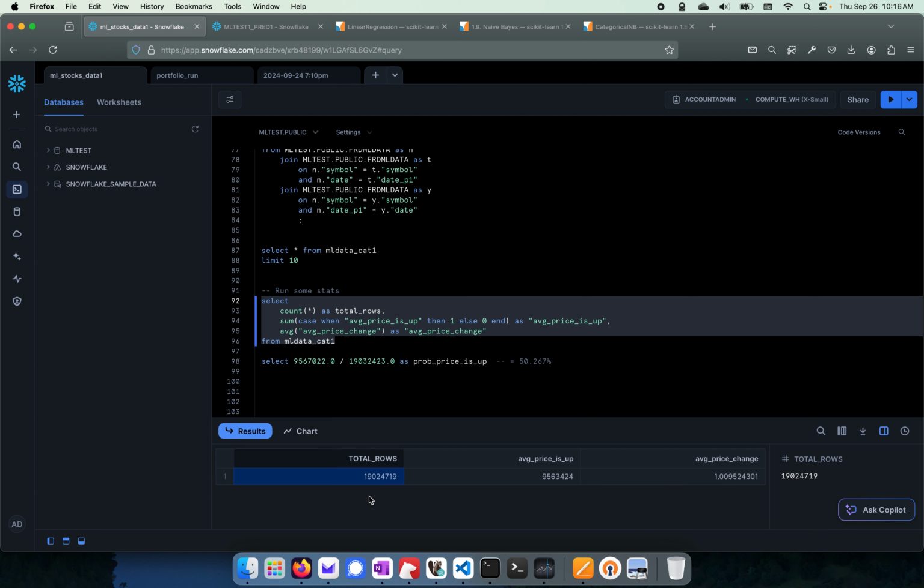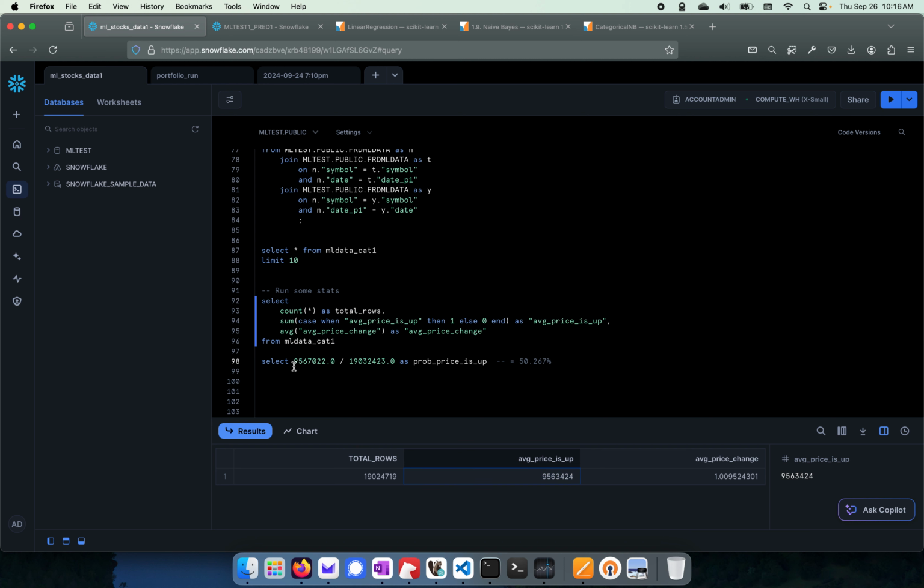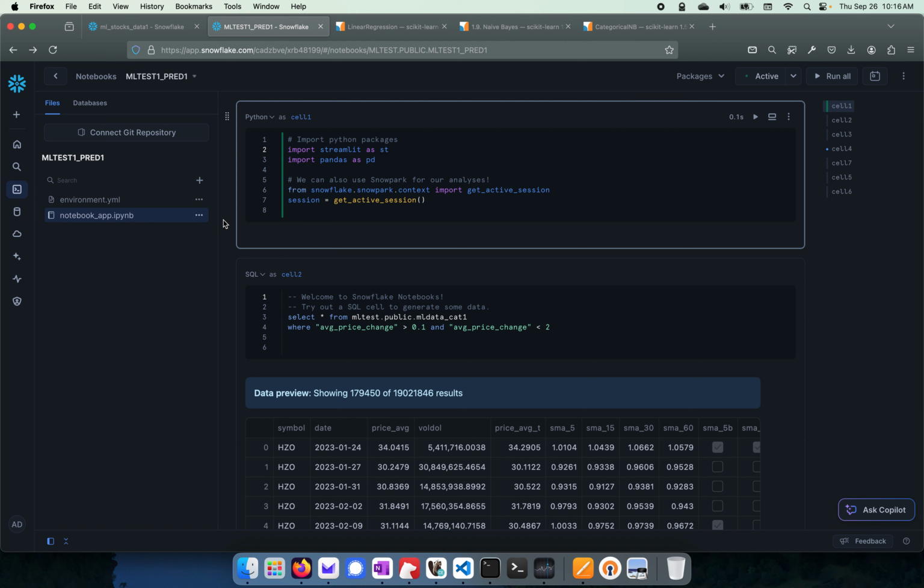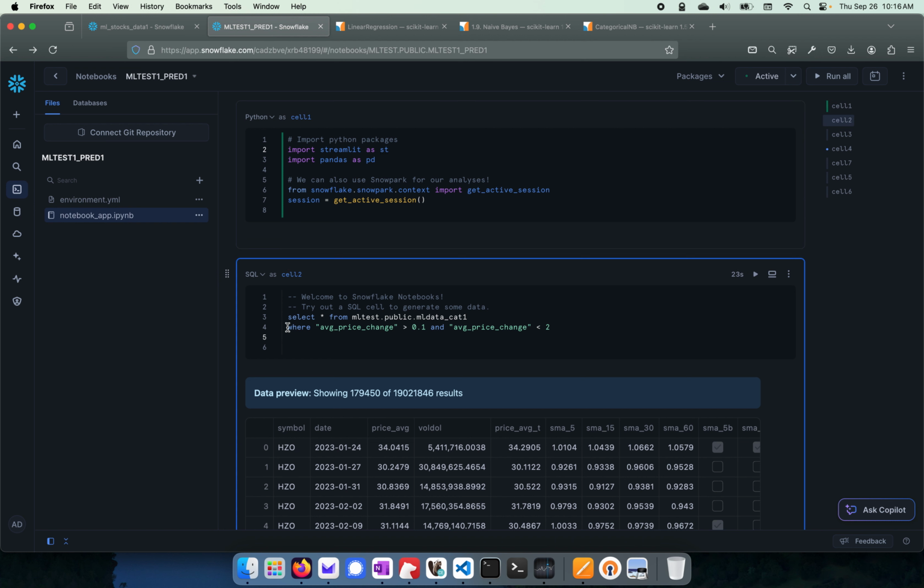If we take a look at the total rows of 19 million, the number of times the price went up would be 9,500,000, so about 50.267%.